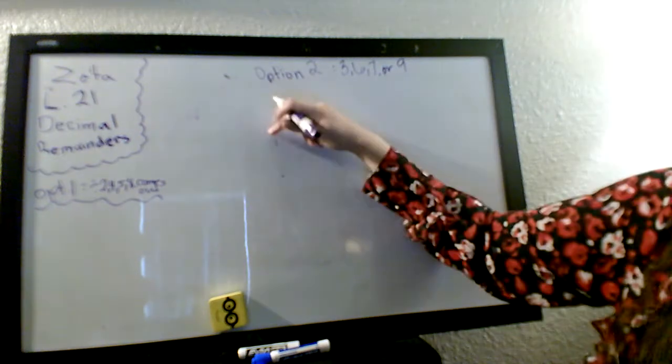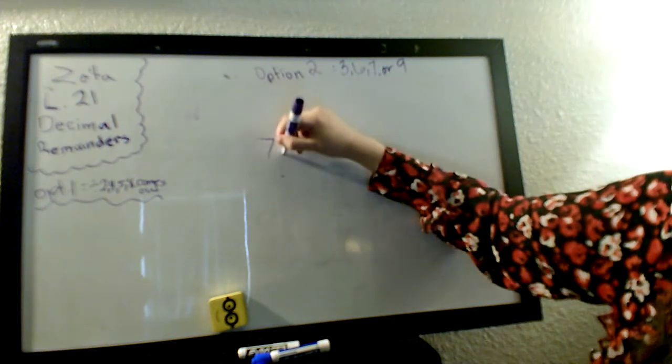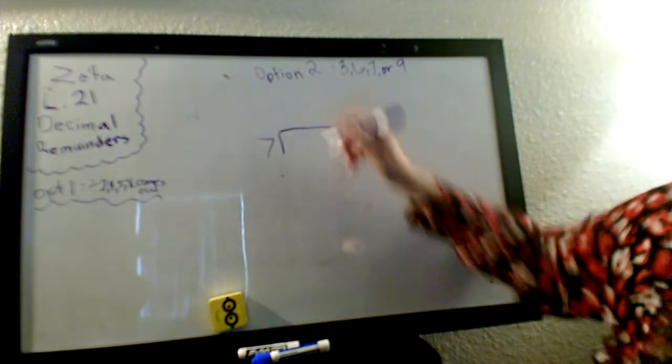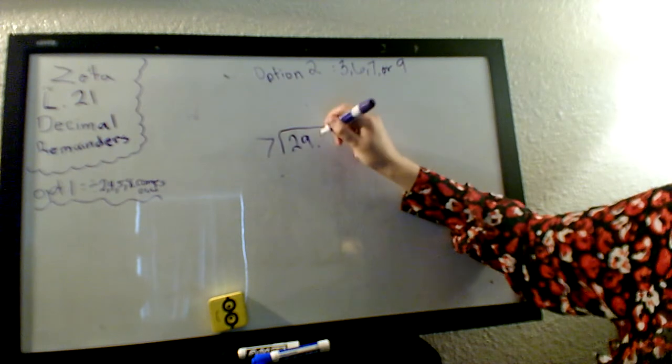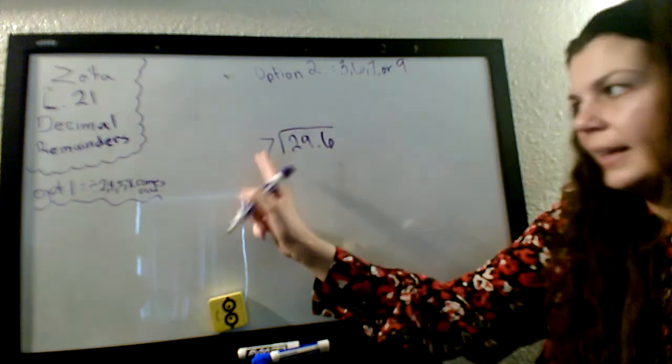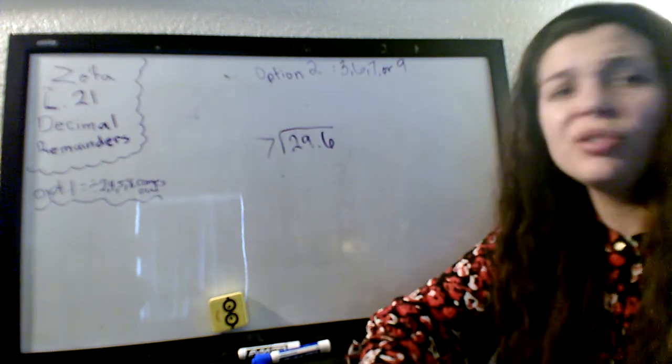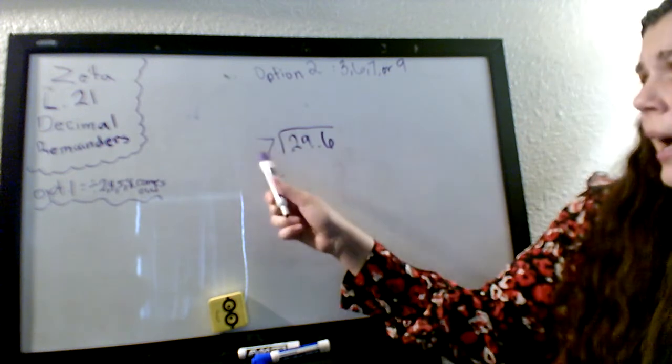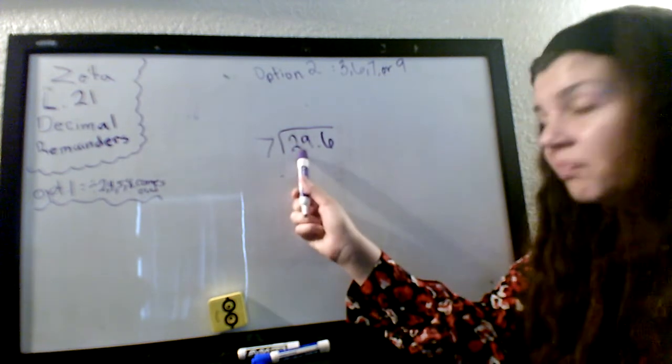Okay, so next we're going to be dividing 7 into 29.6. Alright, here again we have a whole number. We don't have to scoot anything over. Okay, how many 7s go into 2? None.